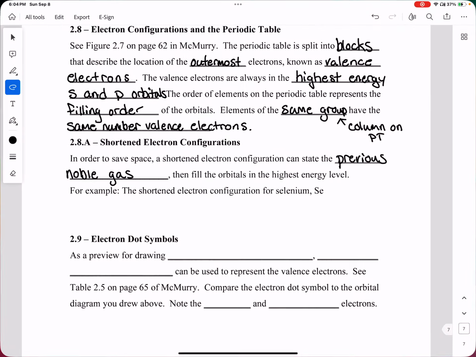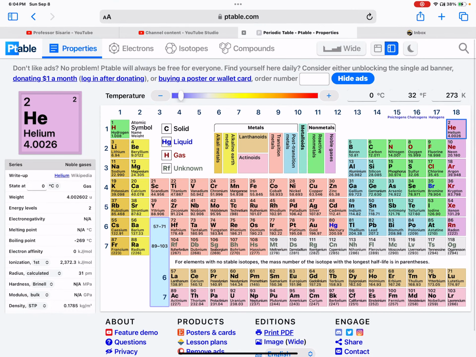So let's look at the shortened version of the electron configuration for selenium. Just like we did before, argon is the previous noble gas. Actually, let's look at it on the periodic table now. Selenium's right here in n equals 4, the fourth row.